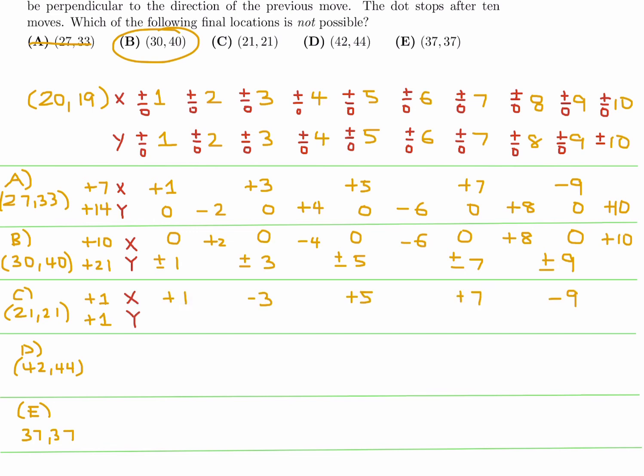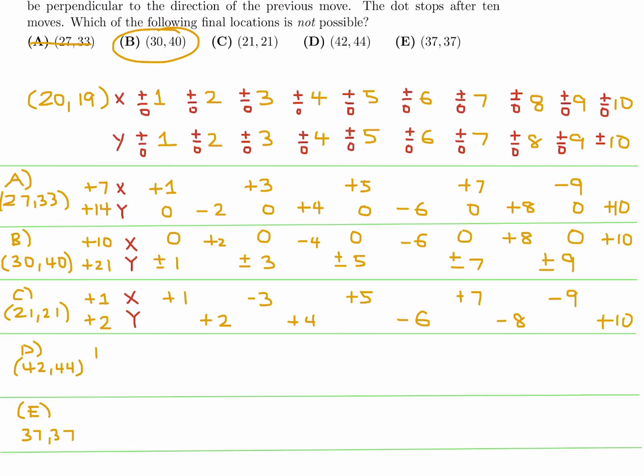And therefore, it would be 1 minus 3 plus 5 plus 7 minus 9. And then in the y direction, plus 2 plus 4 minus 6 minus 8 and plus 10. So that is what? Plus 2, which is what we had to do because we had to go from 19 to 21. So it actually was plus 2.